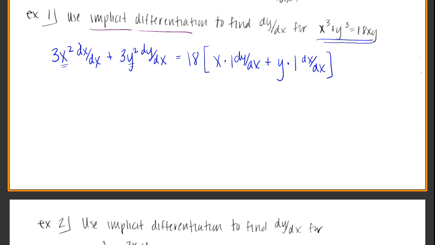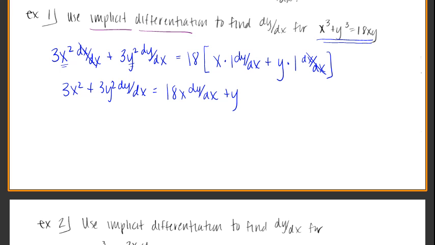Going in there, we can take away the dx's because those are just ones. So we get 3x squared plus 3y squared dy/dx is equal to, and let's distribute here, 18x dy/dx plus y.